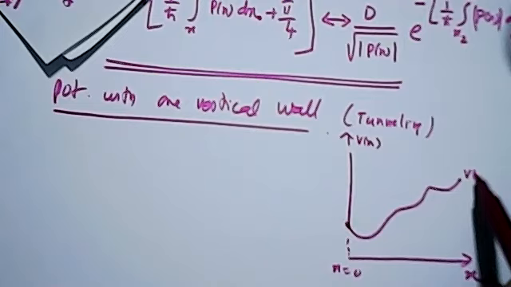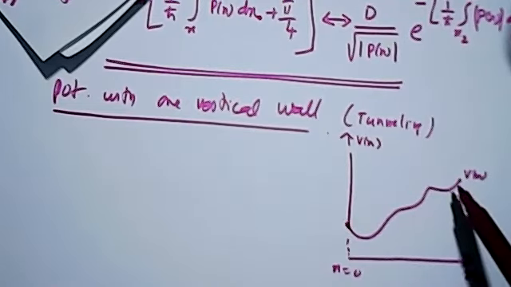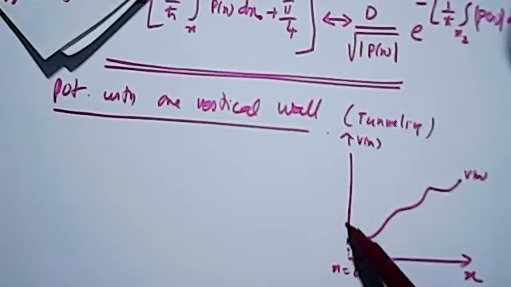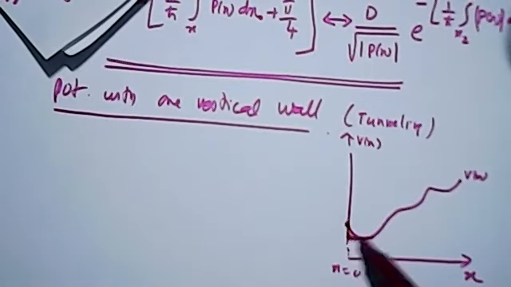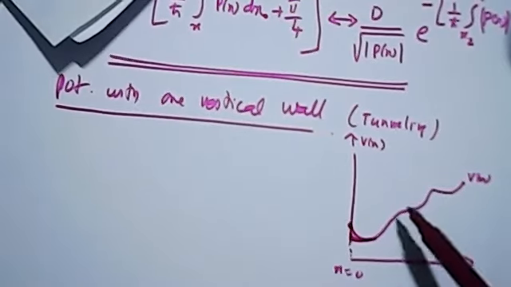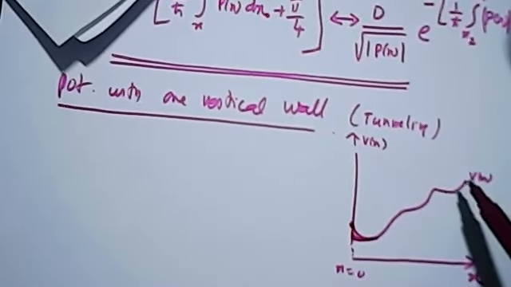So this is the shape of V of x on the right side. So the right side is a sloping side.